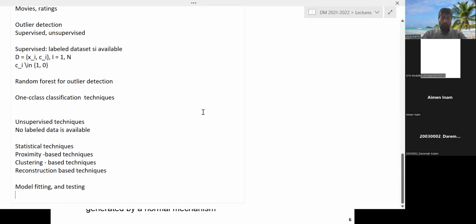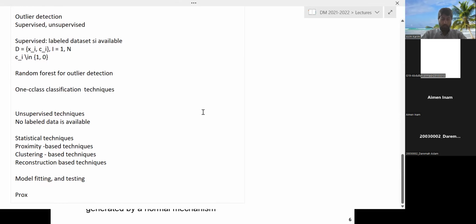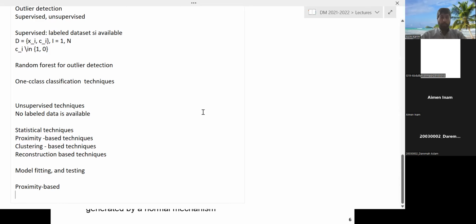And then let's move on to the proximity. So proximity based, as the name suggests, is based on the notion of proximity or similarity. Proximity is the general name for similarity or dissimilarity. Okay. So this is the technique that is reliant upon a notion of similarity or dissimilarity. So within this, of course, there are two techniques here, and we will discuss them quickly.